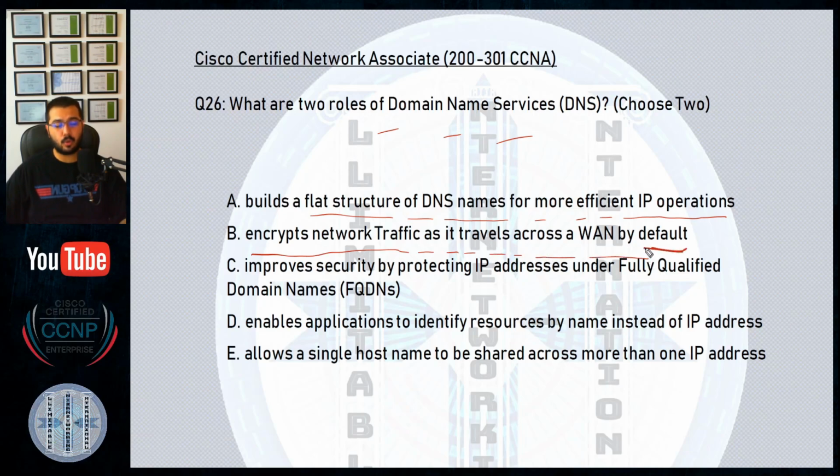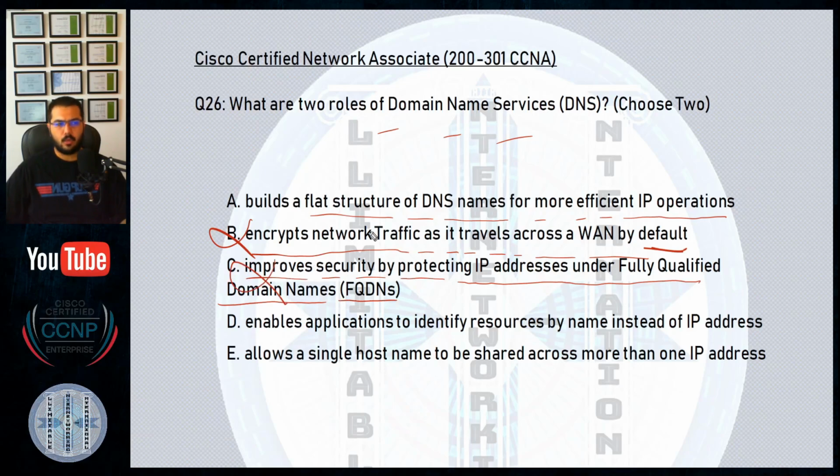By default, no. DNS does not encrypt by default. You'll need to enable secure DNS operations with some extra licenses and a ton of money to encrypt your data. Improved security by protecting the IPv4 addresses under fully qualified domain names, the FQDNs.